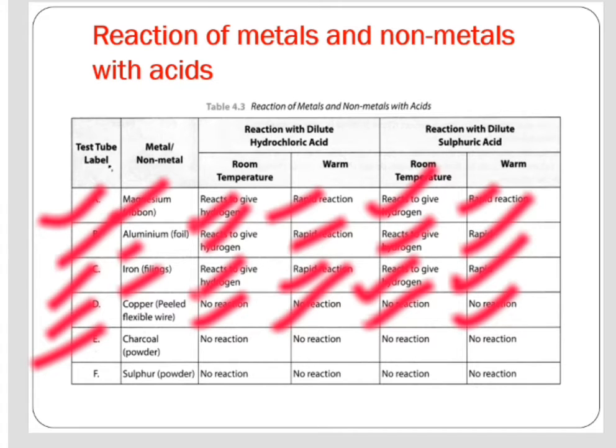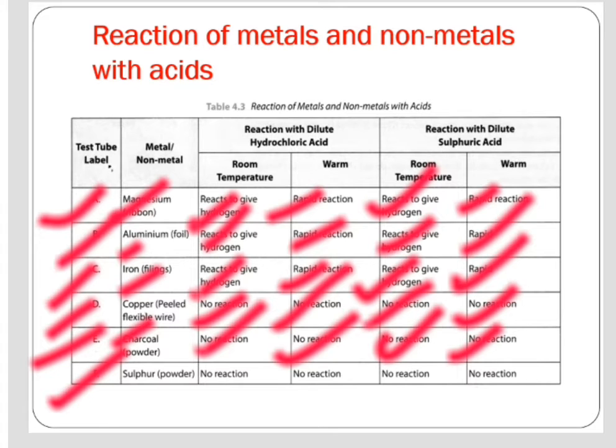E: charcoal. Reaction with dilute hydrochloric acid at room temperature, no reaction, and on warming, no reaction. Reaction with dilute sulfuric acid at room temperature, no reaction, and on warming, no reaction.